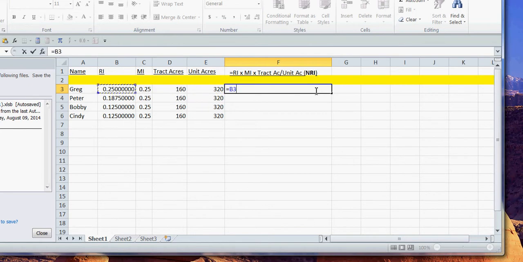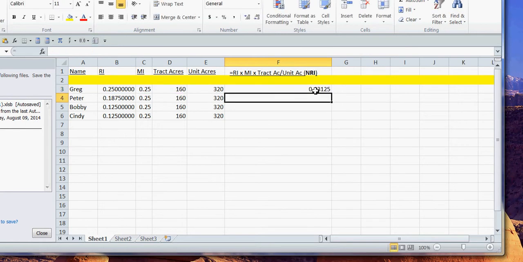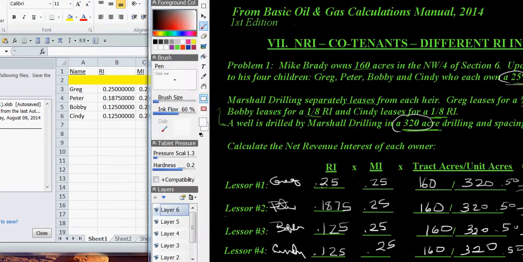I'm scooting over with my arrow keys, times 0.25 times 160 divided by 320. And that is going to be his 0.03125, which is the same thing we got over here.